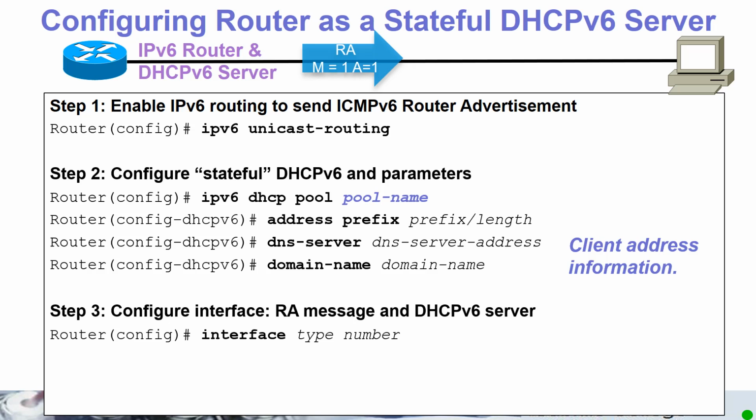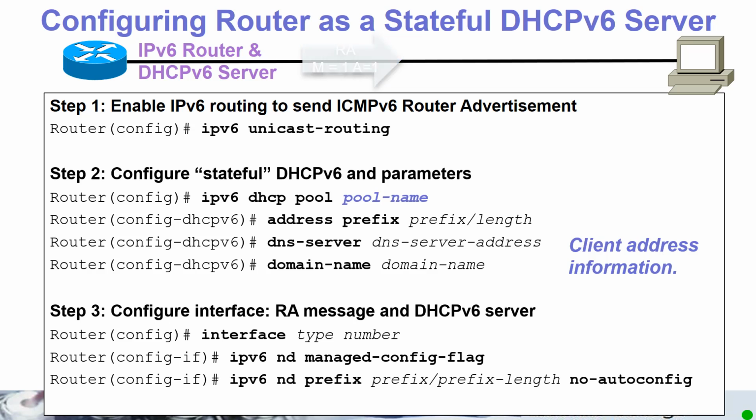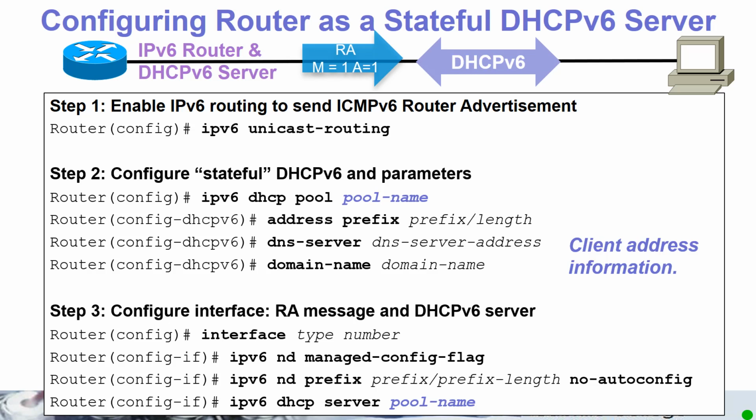So again, navigate to the appropriate interface, set the managed configuration flag, set the appropriate prefix, no-autoconfig, and then set up the DHCP server with the appropriate pool name, same as the pool name above, and that will issue address information from that pool.